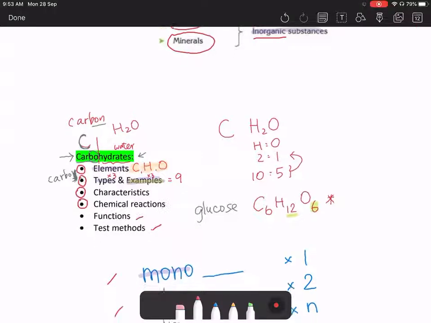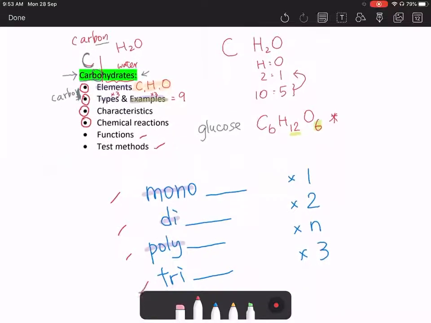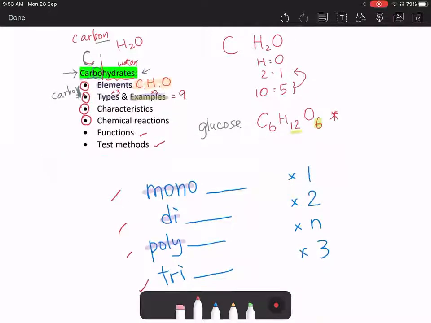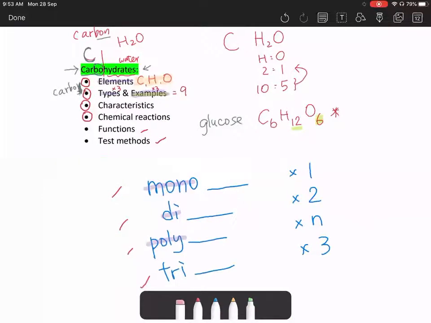Okay, remember last time I introduced you how to get the meanings of words that start with mono. Mono means only one. Di means two, okay? Poly means many, and tri, just like triangle, means three.